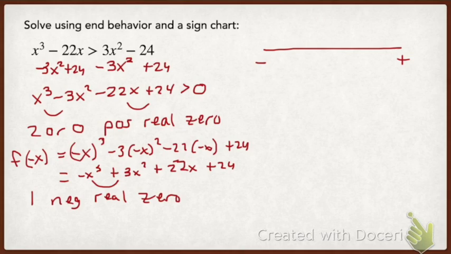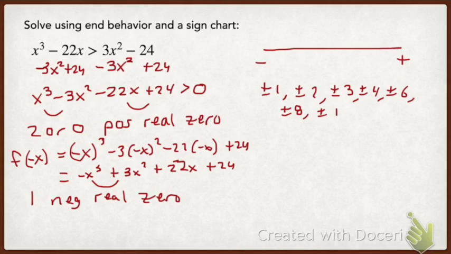So we know we have a negative solution. We know we are going to cross at the negative. Let's see if we can find the negative solution. So we're going to use our rational zero theorem. We have plus or minus 1, plus or minus 2, plus or minus 3, plus or minus 4, plus or minus 6, plus or minus 8, plus or minus 12, plus or minus 24.